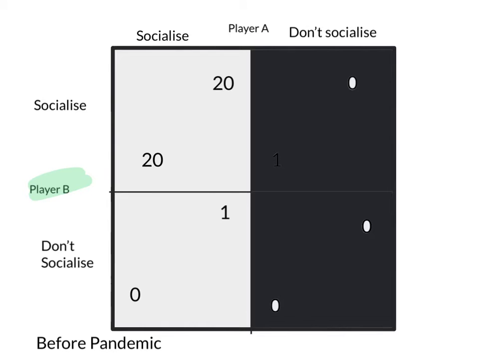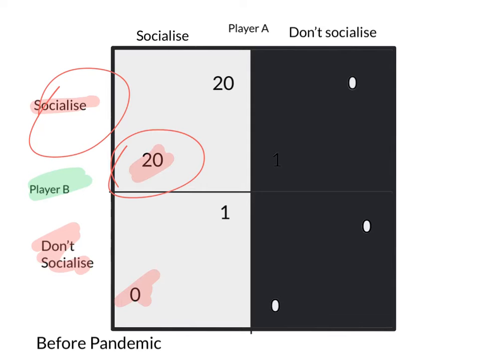Well, player B faces a pretty simple decision. If player B socialises, A is socialising, so B will get 20. If player B chooses not to socialise, whilst A is socialising, they'll get a payoff of 0. So pretty clearly in this situation, player B is going to want to choose to socialise because they predict that they will get a payoff of 20.